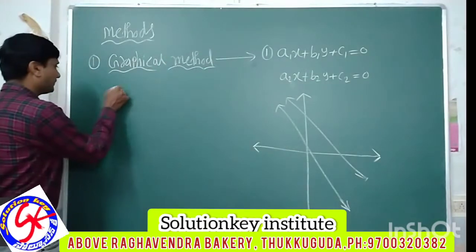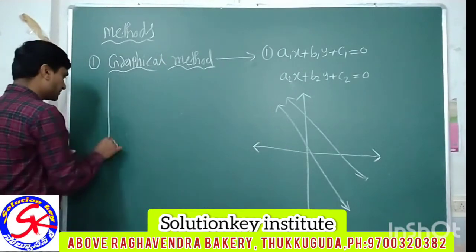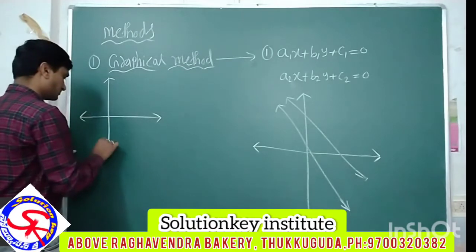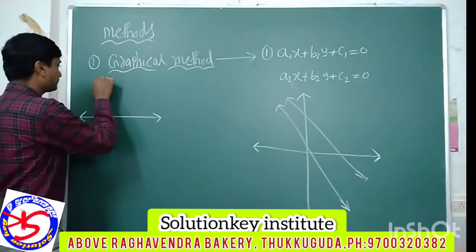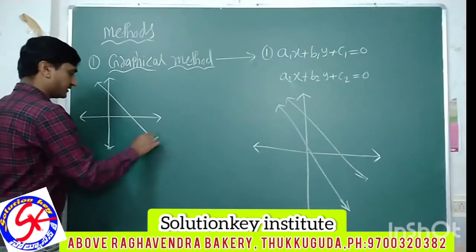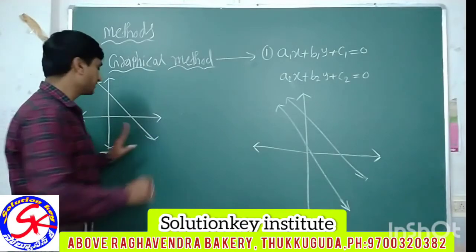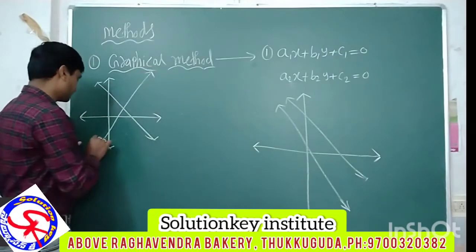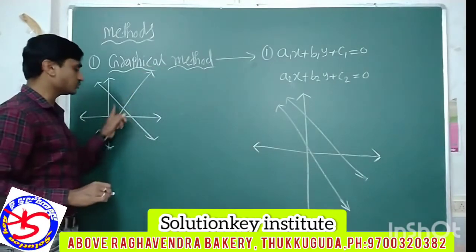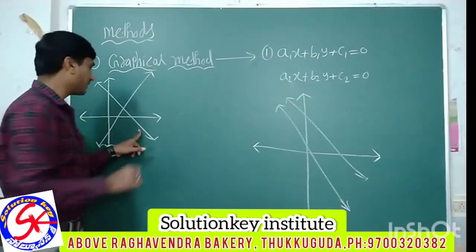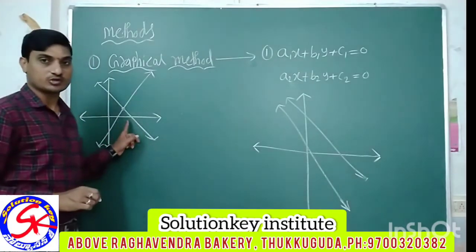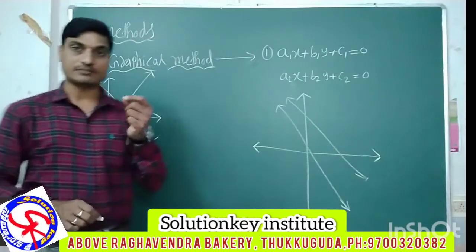Yes, in that graph sheet I am taking the first two equations' straight lines. For example, I am taking one here, and the second line like this. See this? I am taking two lines, but the two lines intersect at a point.